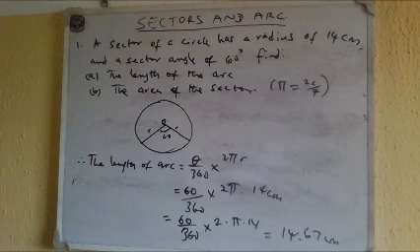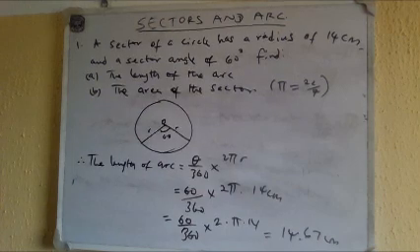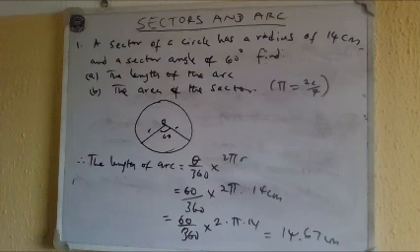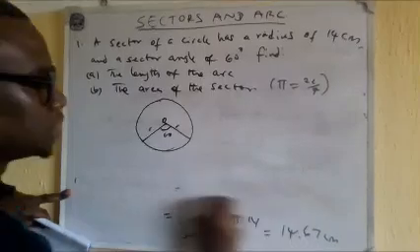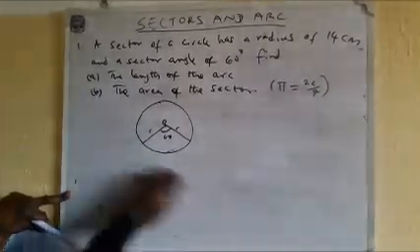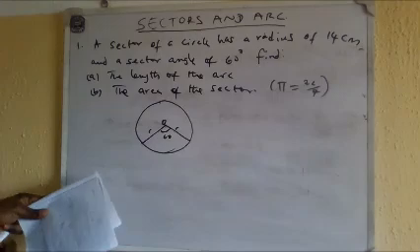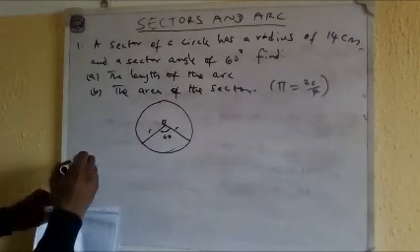The next one, B, is for us to find the area of the sector. So, area of the sector now is the same thing as the fractional part of the area of the whole circle.